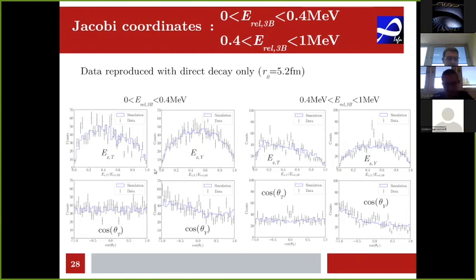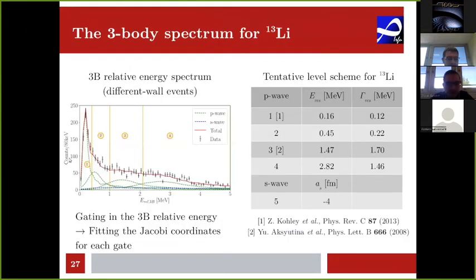Before going on, I would like to stress that in this previous fit, we have given contributions for each resonance state response function in each gate, meaning that this must be coherent and consistent with the other observables that we show, as it's the same data.